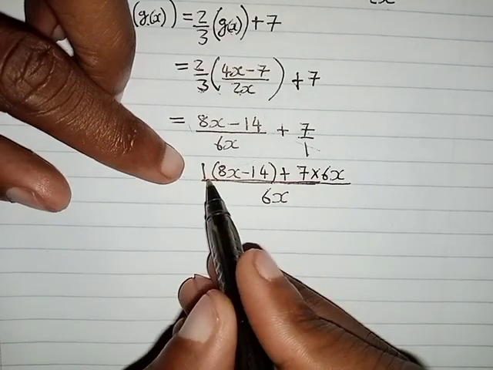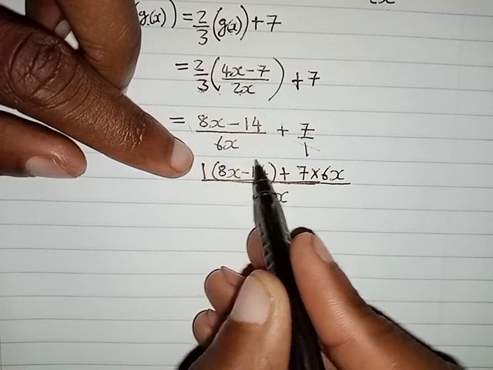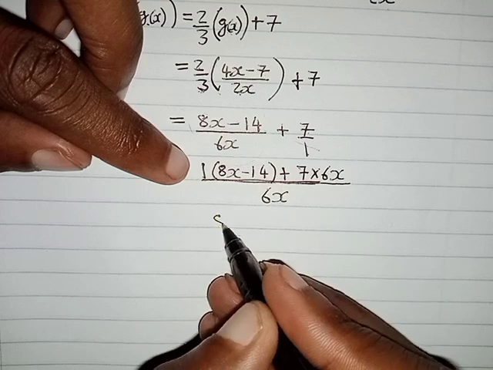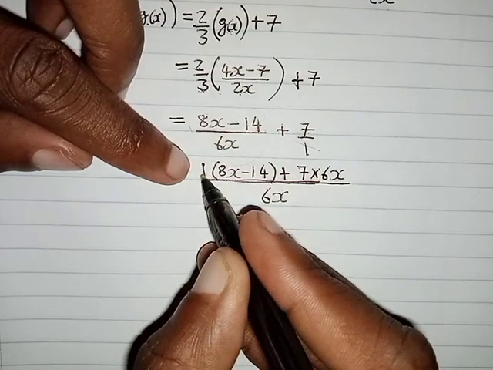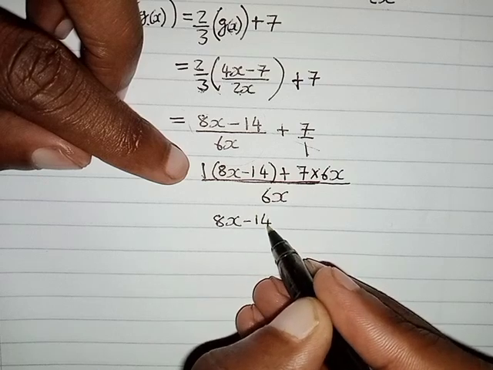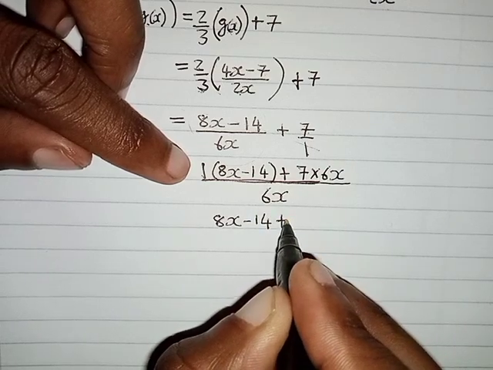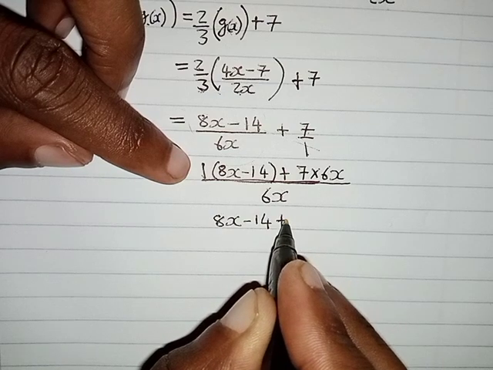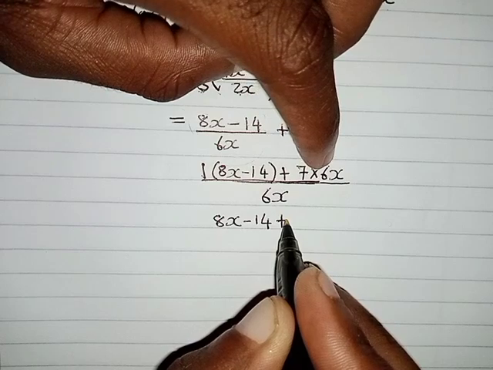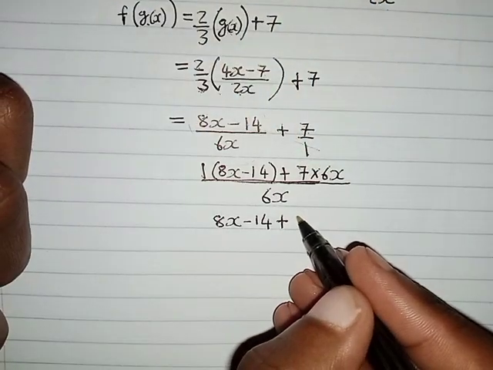Then let us apply the distributive law on the one multiplying everything in parentheses. So 1 times 8x, we get 8x. This one multiplied by negative 14, we get negative 14. Then on the other side, we have positive 7 multiplied by 6x, we get 42x.